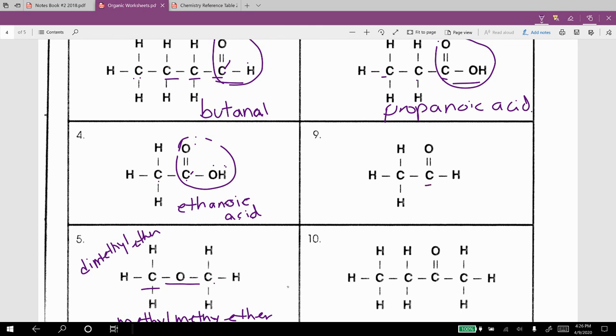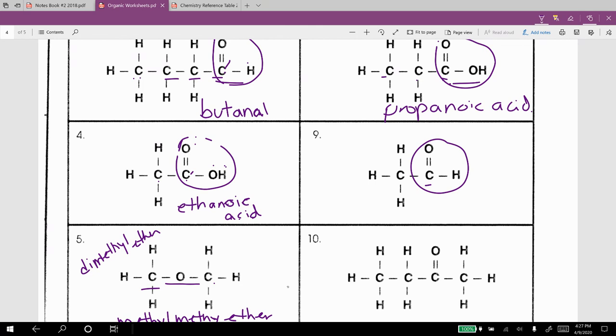So now I have a carbon-oxygen double bond with an H. So with only 1 oxygen, it's not going to be propanoic acid. It can't be a ketone because it's at the end. A ketone has to have the carbon-oxygen double bond in the middle. Right here is my functional group. So then when I name this, I'm going to name it just like they named theirs on Table R. We've already done one of these.